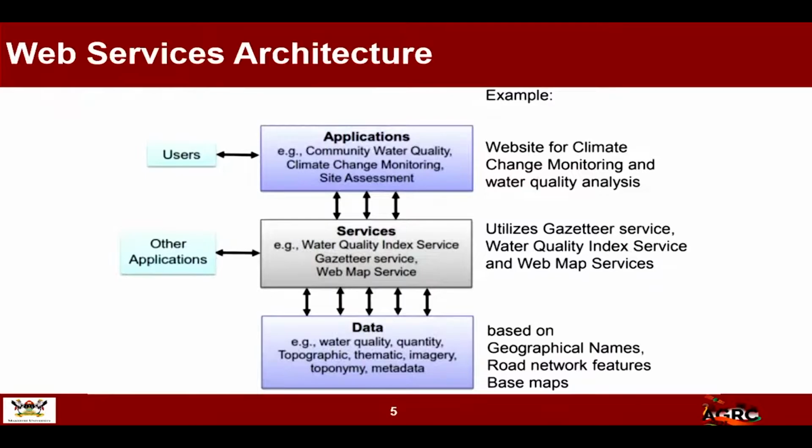Now, we have a server, a software that sits on top of this data. This data could be in a database or in a folder. So what you have to do is to publish this data through that software. In other words, you have a server here, and you can say, okay, I'm going to publish my data as WMS, WFS, or you can even publish algorithms that are supposed to process the data.